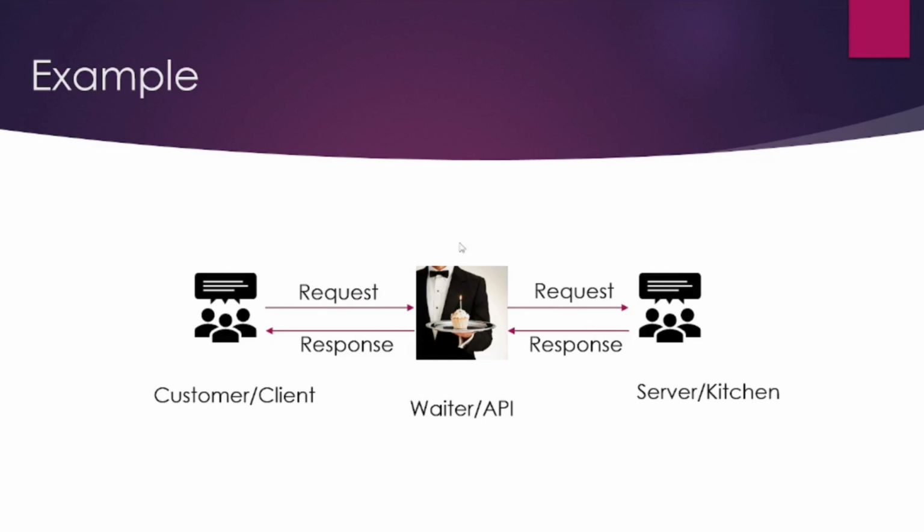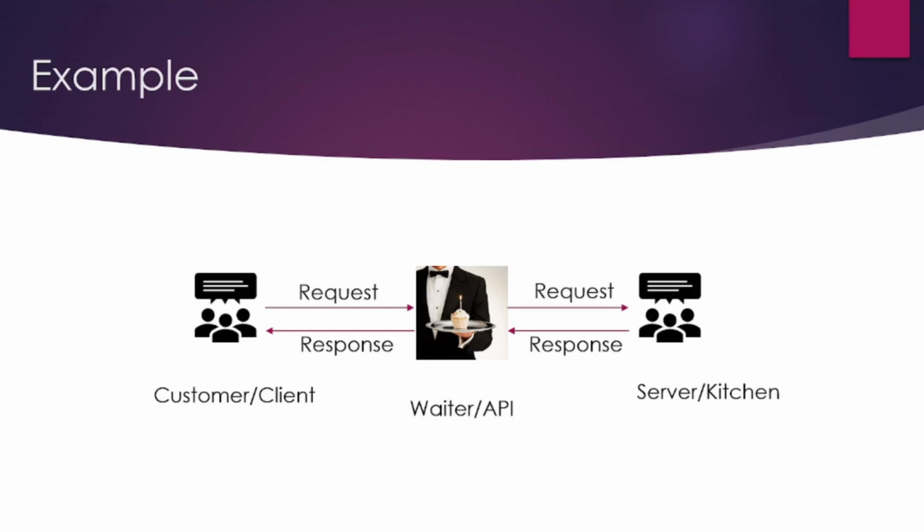So API as a waiter gets a request from the client, gives that request to the server, and in the response back it gets the food as a response from the kitchen and acts as a medium to give that response back to the client. So API is a method of communication between the client and the server. So it uses different HTTP methods like put, post, get to do this whole process.